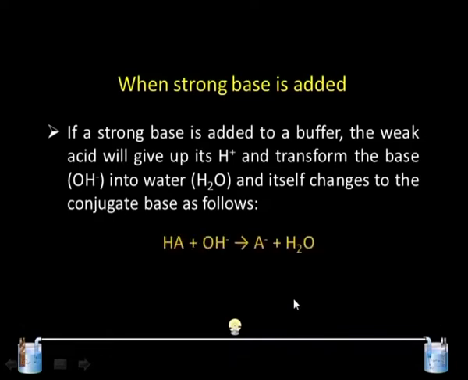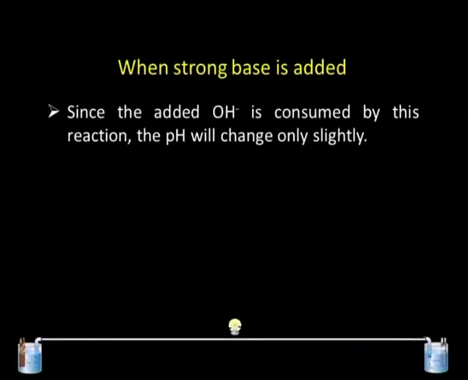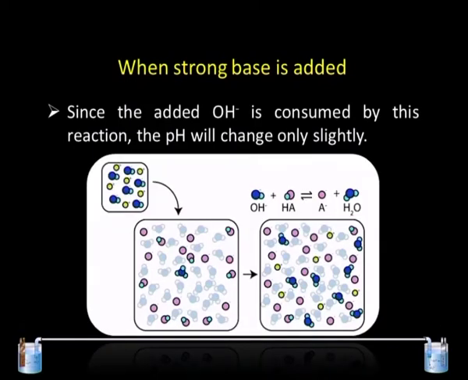The reaction goes, HA reacts with OH minus, giving A minus and H2O. Since the added OH minus is consumed by this reaction, the pH will change only slightly. This is a representation. We are adding OH minus to HA, which is giving A minus and H2O.